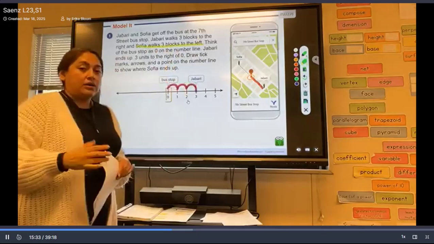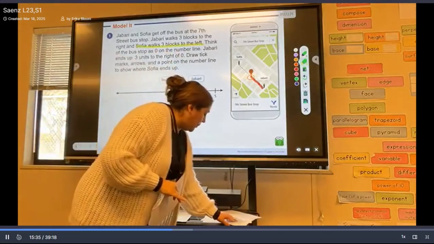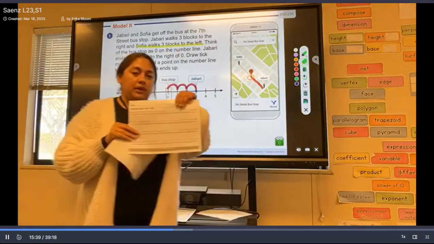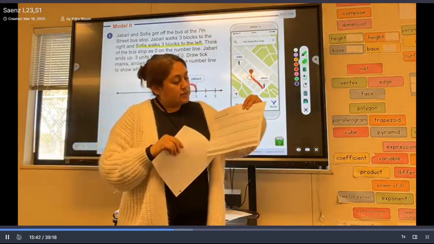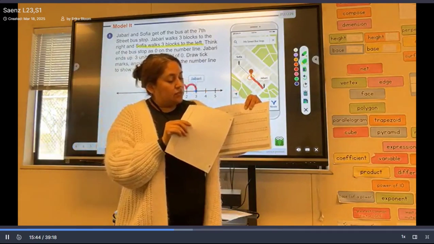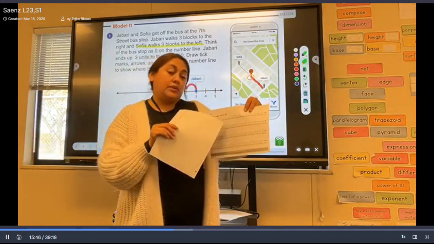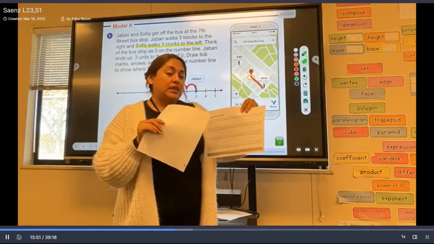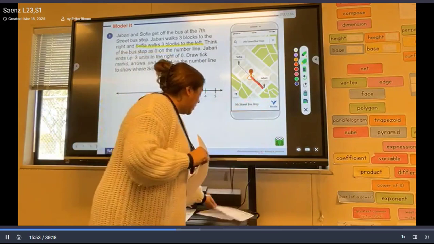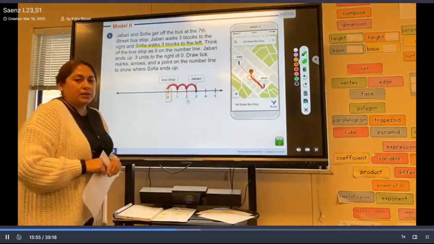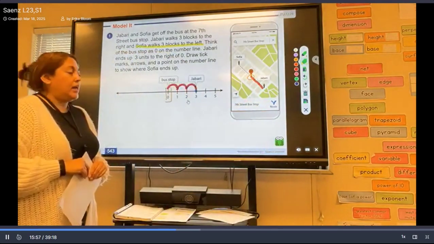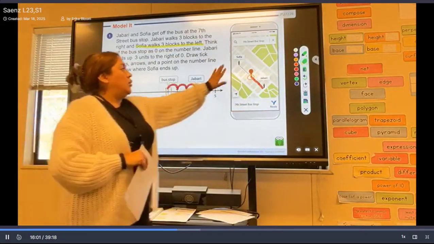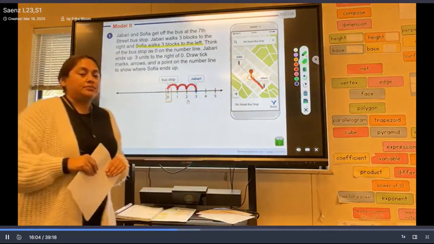Now, if you have a hard time doing the number line, go back and use the resources that I provided, this one right here, okay? You can see that once you start writing the numbers to the left of the 0, they need to include the negative sign, which is a minus sign. So don't forget that negative sign, okay? I'm gonna give you about 2 minutes. Go ahead and complete the last side of the number line to indicate where Sophia is.